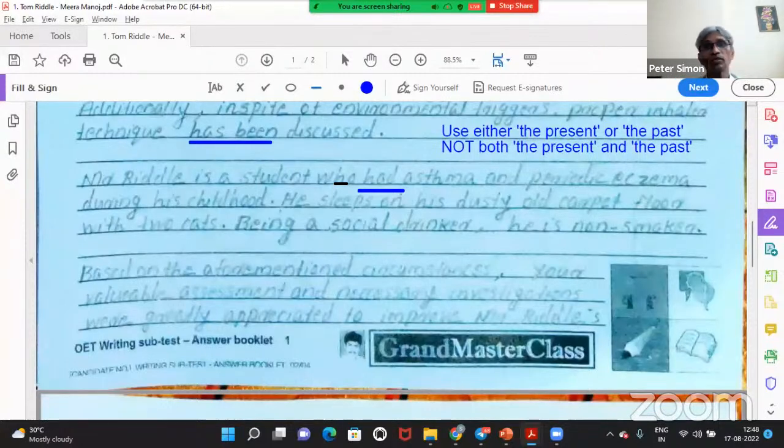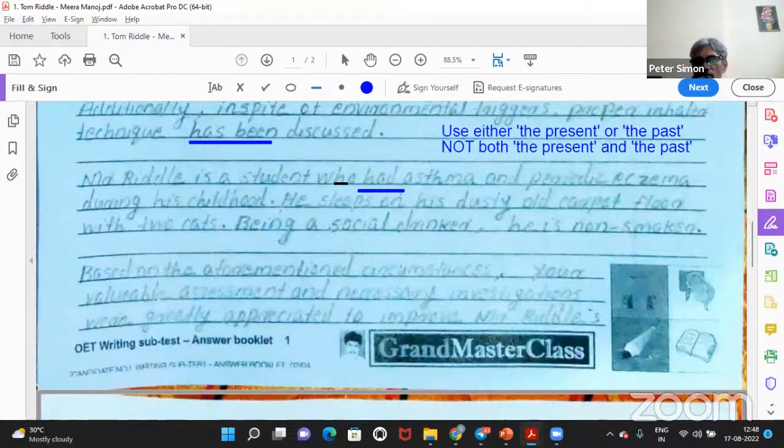Both are there, not either of. Whether "during his childhood" relates to only one or both is a confusion. So you can write both, or not only asthma but also periodic eczema during his childhood, or use as well as, or just and. It's a little confusing there.